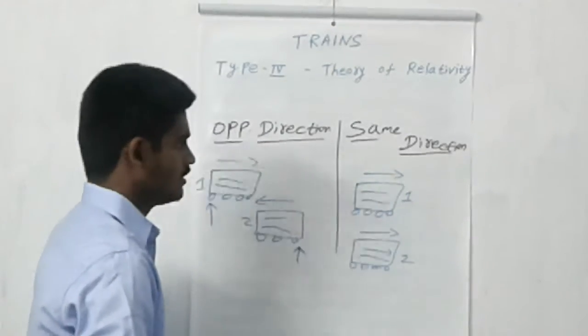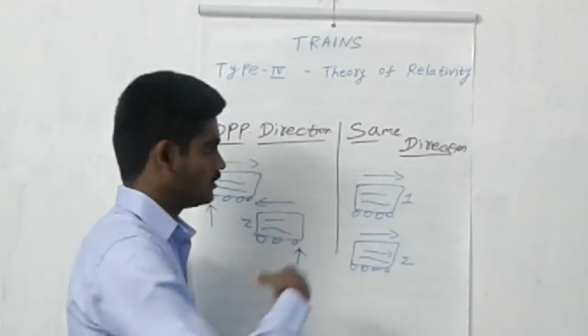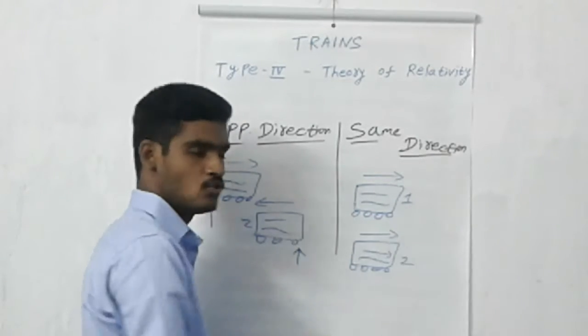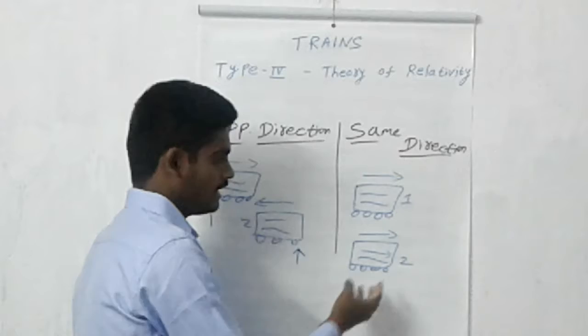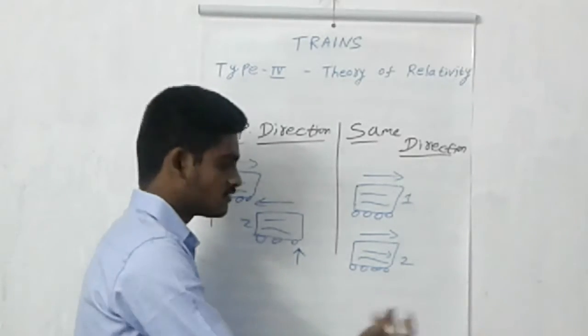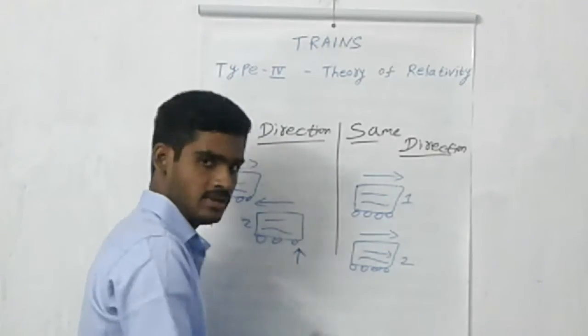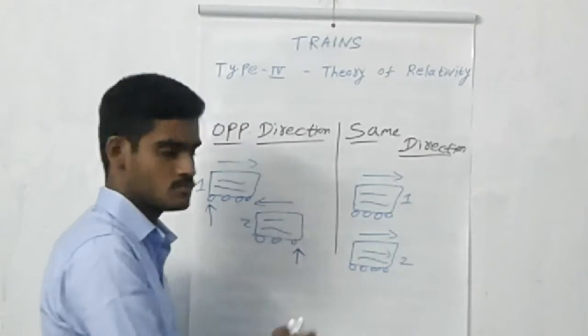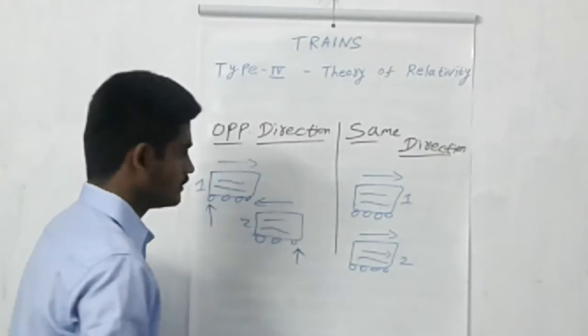In this, train 1 has arrived 1 hour before train 2 from the same station, and train 1 is moving at 40 km per hour, and train 2 suppose will be moving at 50 km per hour. What is the time taken for train 2 to reach or to cross train 1? This kind of sums will be asked under this topic.